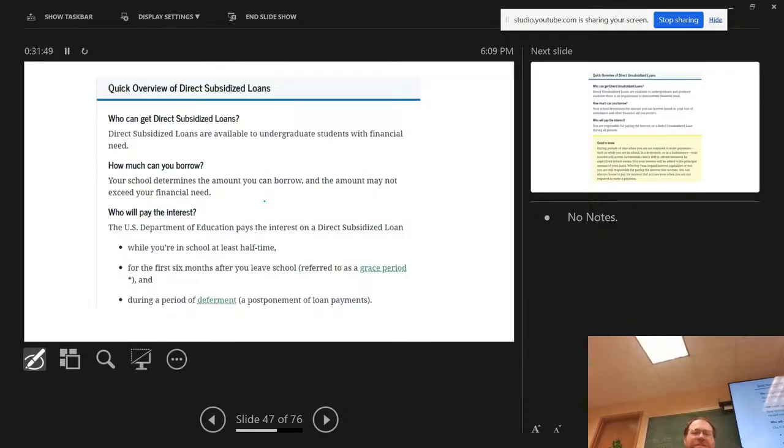But there's subsidized loans and then there's unsubsidized loans. Pretty much what that means is when the interest starts happening. Subsidized means that the interest won't start until after you've achieved your degree. Unsubsidized means you start gaining interest the instant that you take the loan.